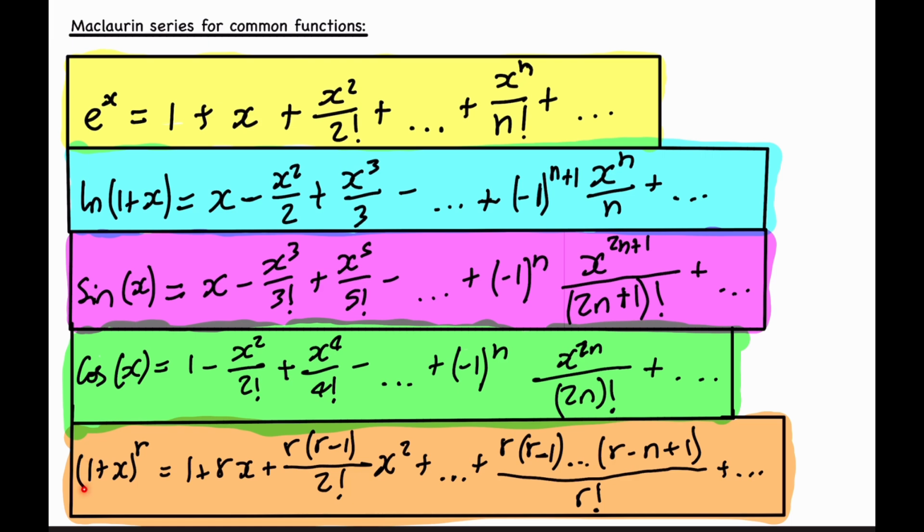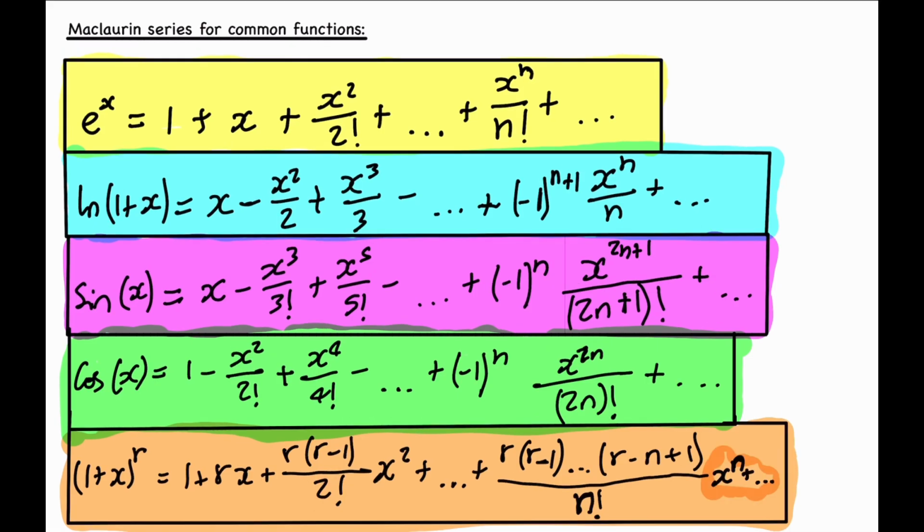And then if you have 1 plus x to the power of a number r, any number or any integer r, you can do 1 plus r times x, and then r times r minus 1 over 2 factorial. So you keep adding on, and you'll do r times r minus 1, keep multiplying until you get r minus n plus 1.